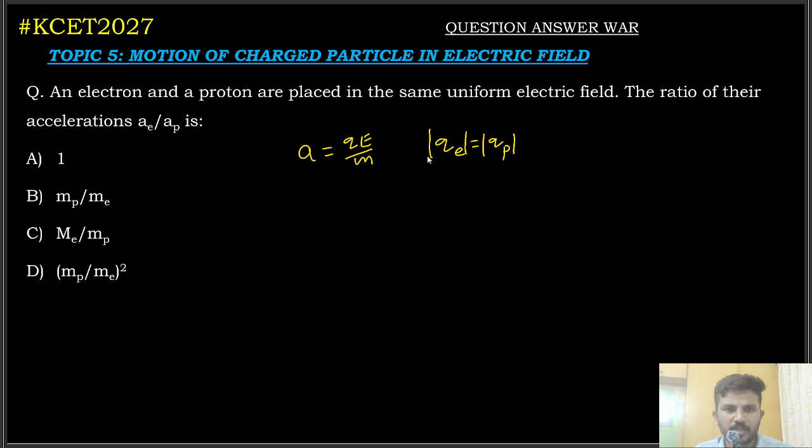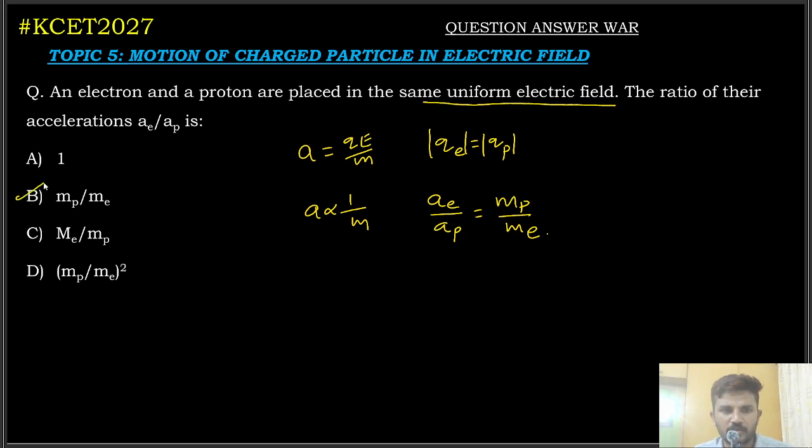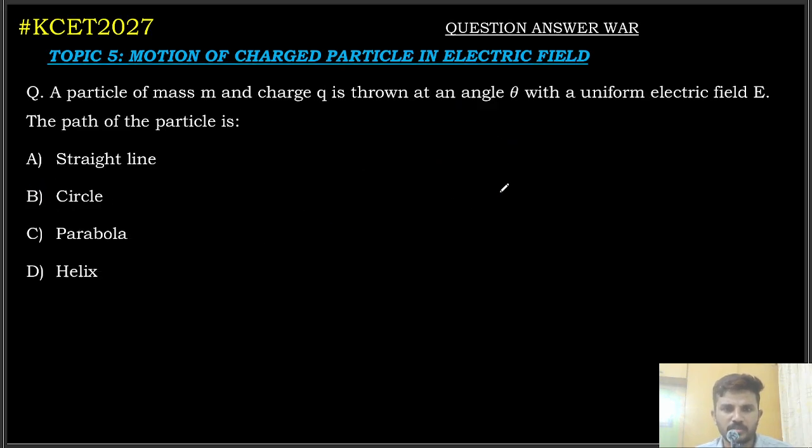The electric field is the same, so acceleration depends solely on mass. So acceleration of electron divided by acceleration of proton will be mass of proton divided by mass of electron, that is option B is correct.